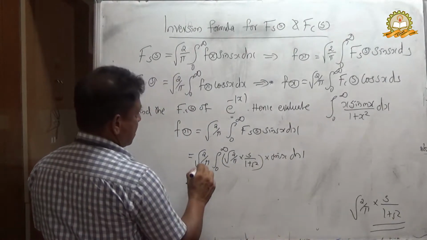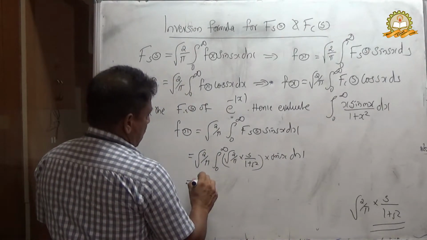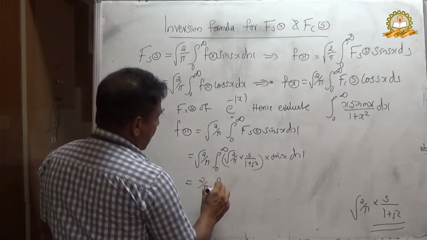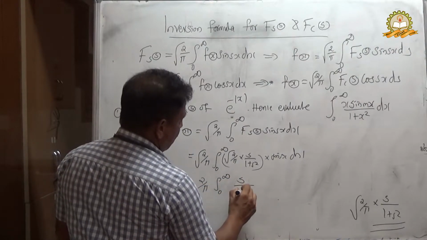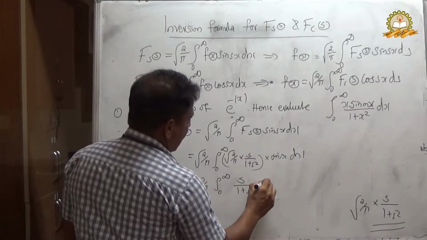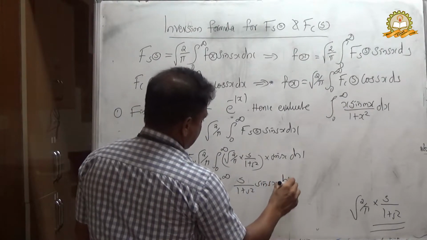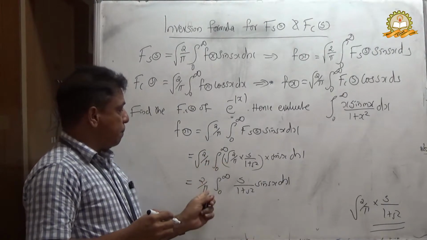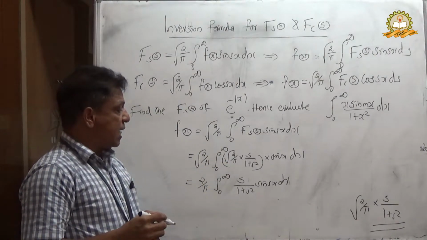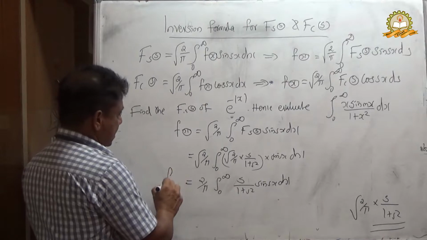That is 2 by pi integral 0 to infinity s by 1 plus s square sin sx ds. We multiply root 2 into root 2, root pi into root pi, giving 2 by pi, integral 0 to infinity, s by 1 plus s square sin sx ds.